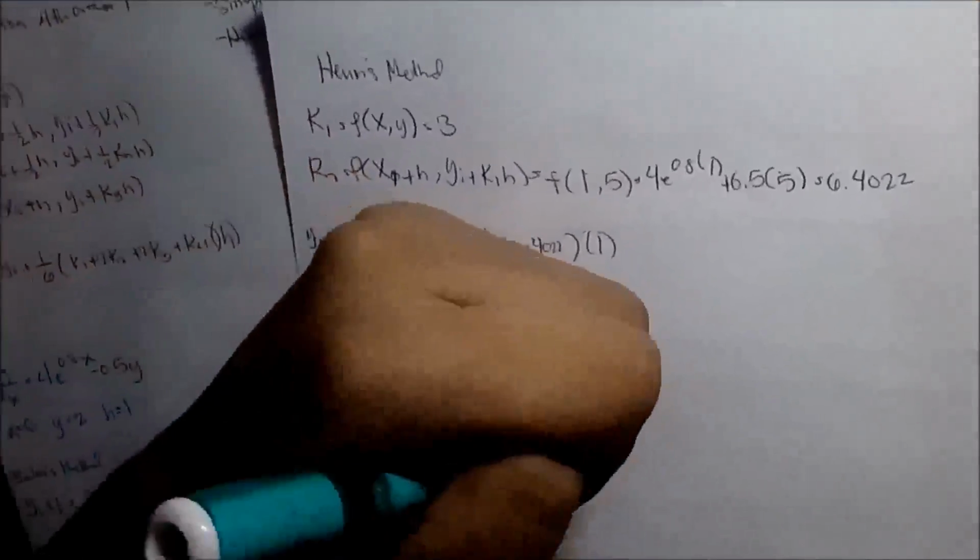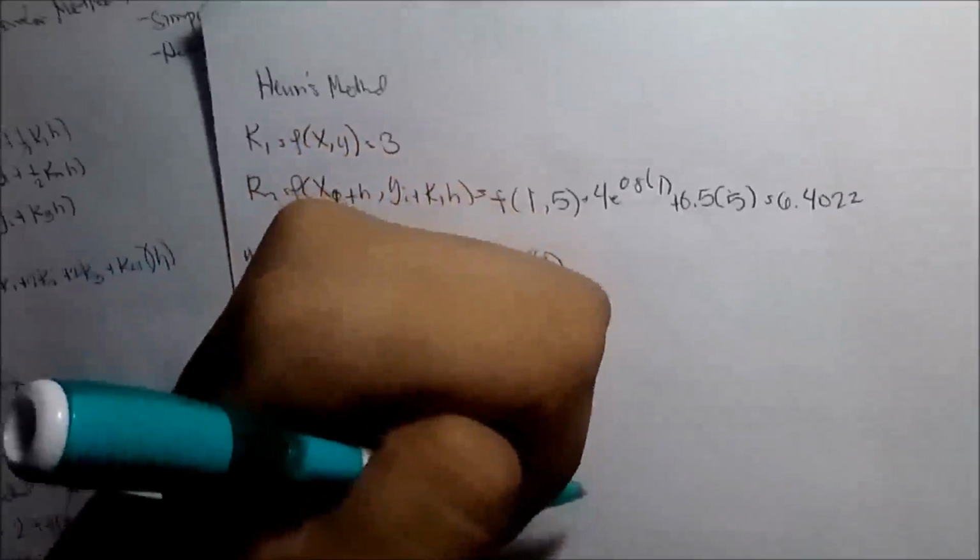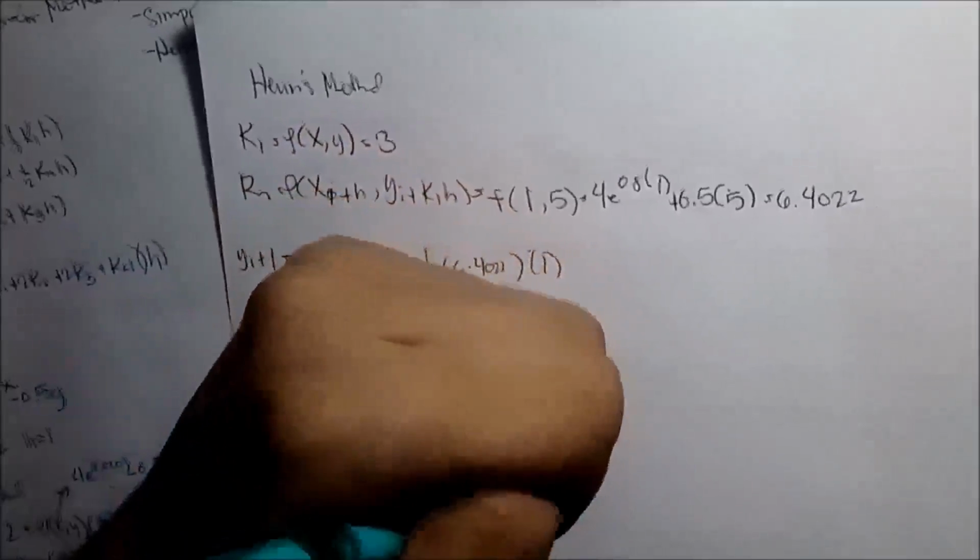The f of xi equals 1/2 and 3.5. The answer will be 4.2173.